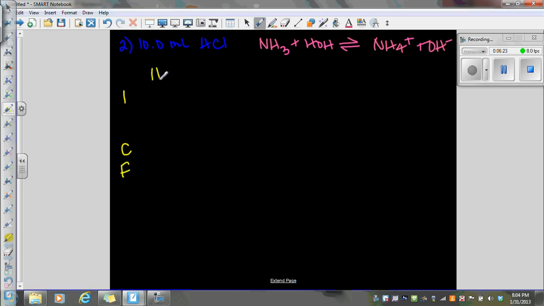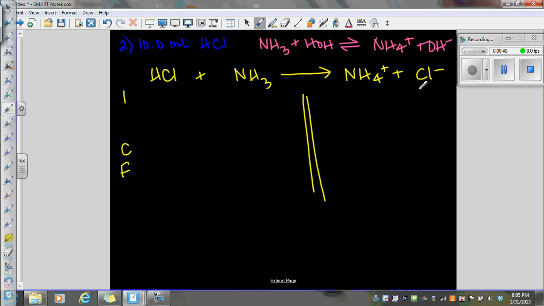Strong acid is HCl. Weak base is ammonia. And this one's a little weird because this is kind of like ammonium hydroxide. So we end up getting ammonium chloride. Now, the chloride ion is the conjugate of a strong acid, and so it's a weaker base than water, so we just ignore it.